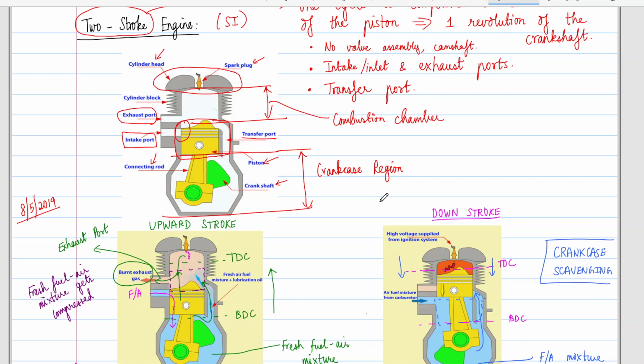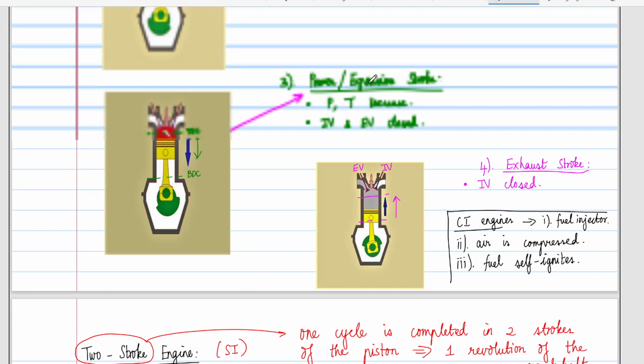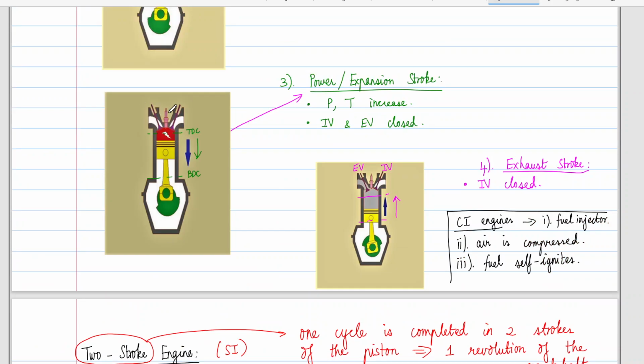when compared to a four-stroke engine, because there is absolutely no need of any valve here, right? And we have mechanisms to drive the valves, as we see here. There are valves, the springs, and the camshafts which will drive the valve.